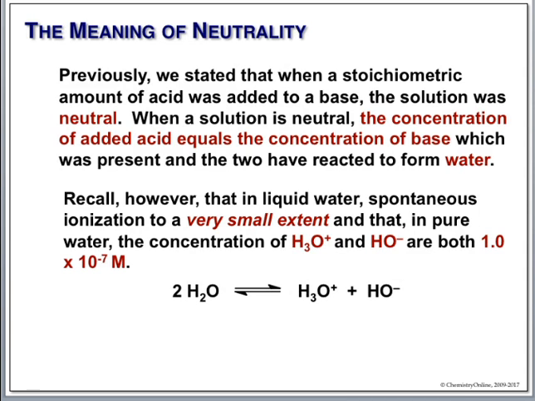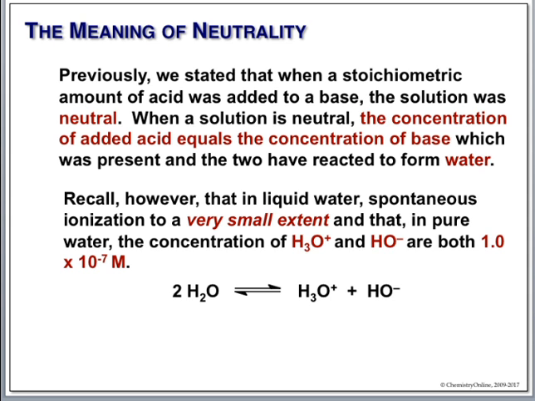Let's go back and deal with what we said earlier about a neutral solution. If I had a bottle of pure 100% water, that water would have hydronium and hydroxide, both at exactly 10 to the minus 7 molar.